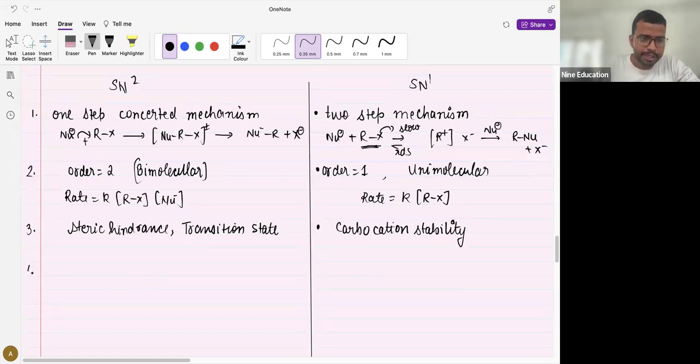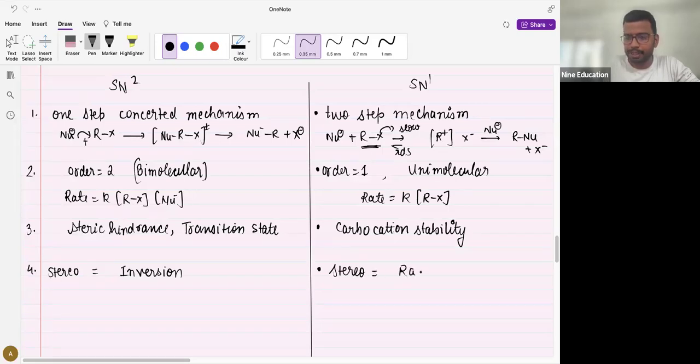Then in stereochemistry, in the SN2 reaction we have learned we get inversion. But for SN1, we learned today that we get racemization. It gives a racemic product, an optically inactive product. Remember, this is a very important point.